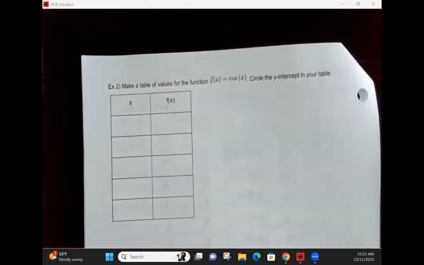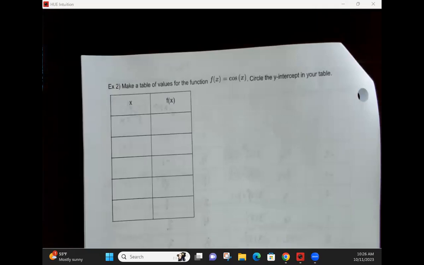let's make a table of values for cosine. What kind of values might I want to pick for x here? Same deal, right? I could pick exactly the same ones I did for sine. For this one, we'll pick those maybe pi over 2 values you guys were throwing out at me.